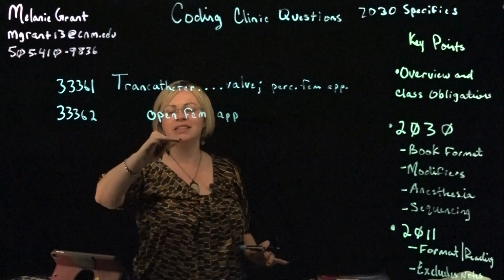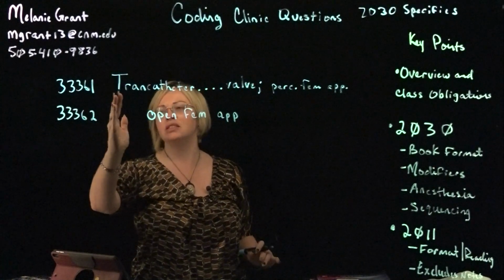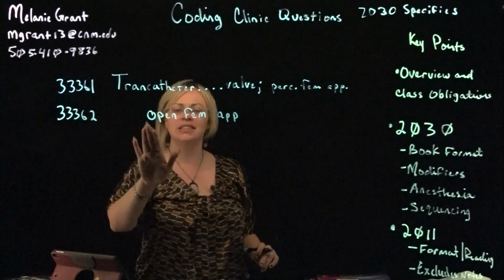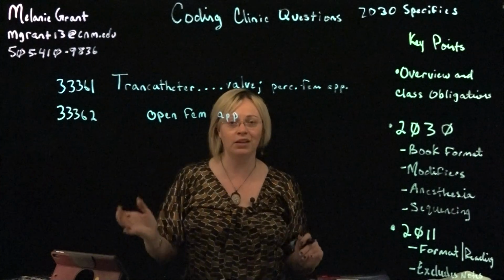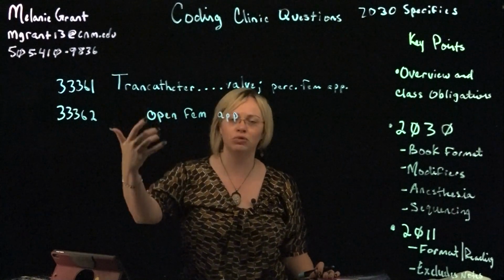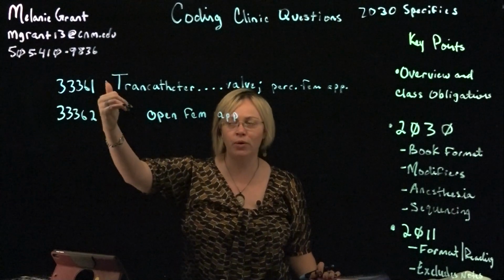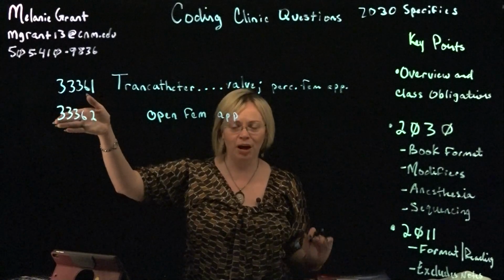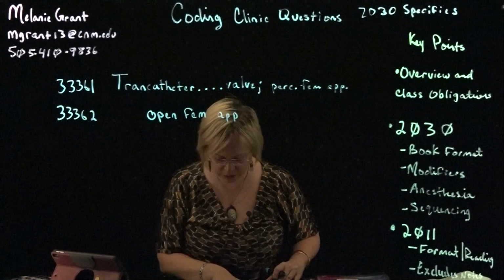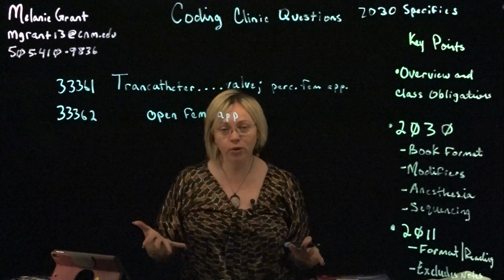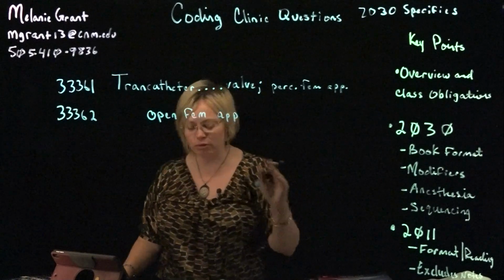So I can see that it's indented because it doesn't start next to the code, and I can see that it's lowercase, indicating to me that this is not a standalone code. It needs the description from the previous standalone code in this subheading to find the full description. And it's up to you as the coder to determine what that is by reading up.